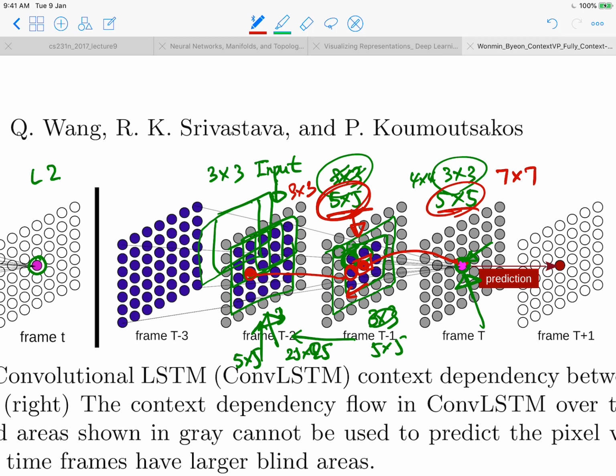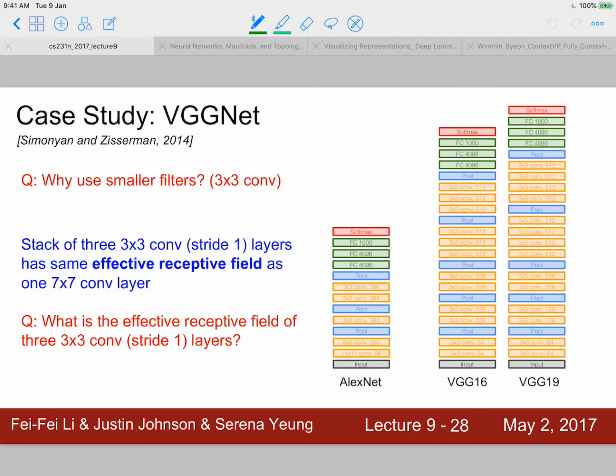Okay, and now let's get back to here. The situation is we stacked 3 convolution layers where each convolution layer has a filter size of 3 by 3, right? And so what will be the receptive field size?